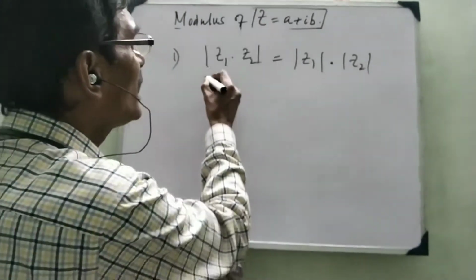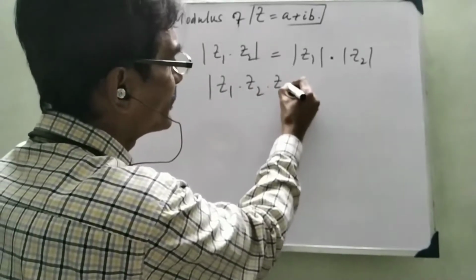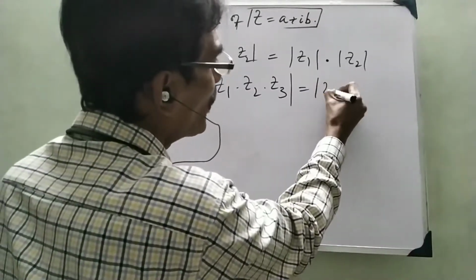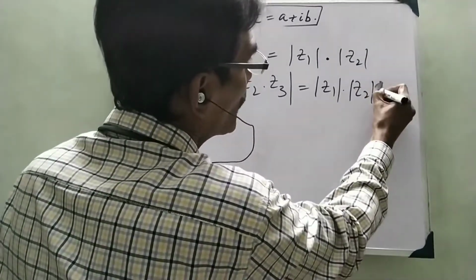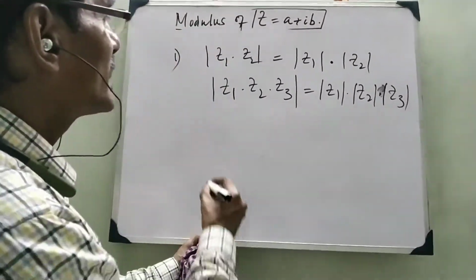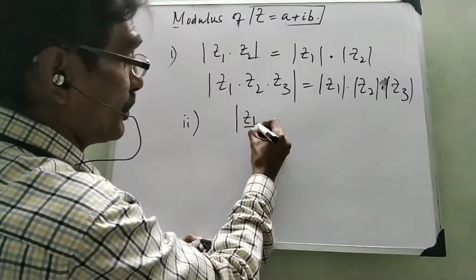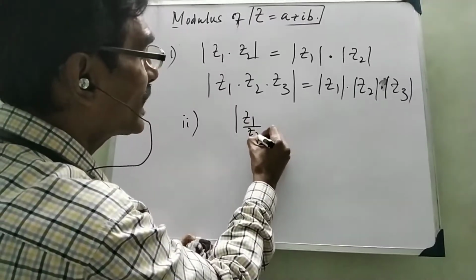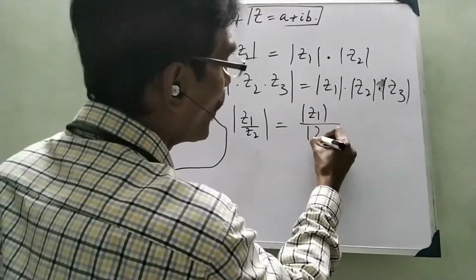Not only that, for three complex number also you can use the same property, like this, equal to mod of z1 into mod of z2 into mod of z3 and so on. And the same property you can use for division also, like modulus of z1 by z2 equal to mod of z1 by mod of z2.